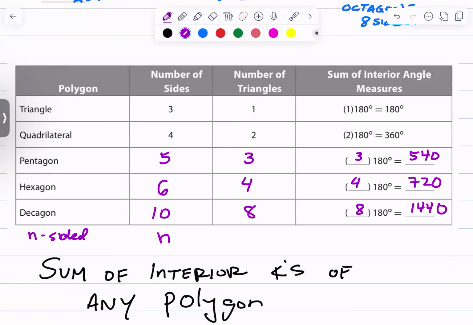The number of triangles I can make is n minus 2, right? So to get the interior angle sum, it's going to be n minus 2 times 180. Correct? The number of triangles I can make, multiply that by 180 degrees.